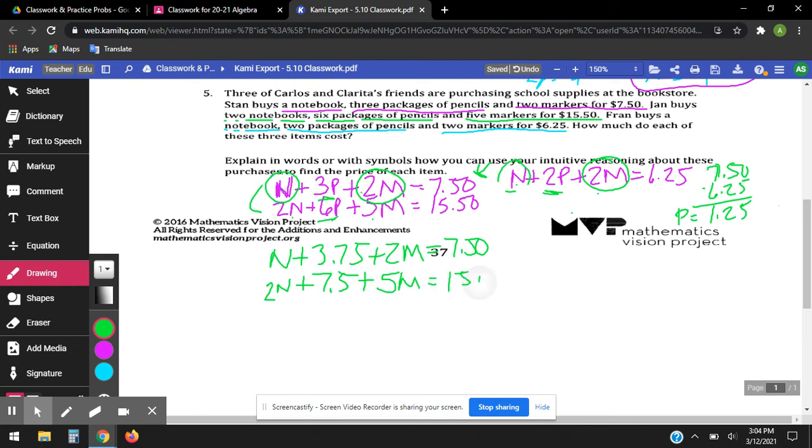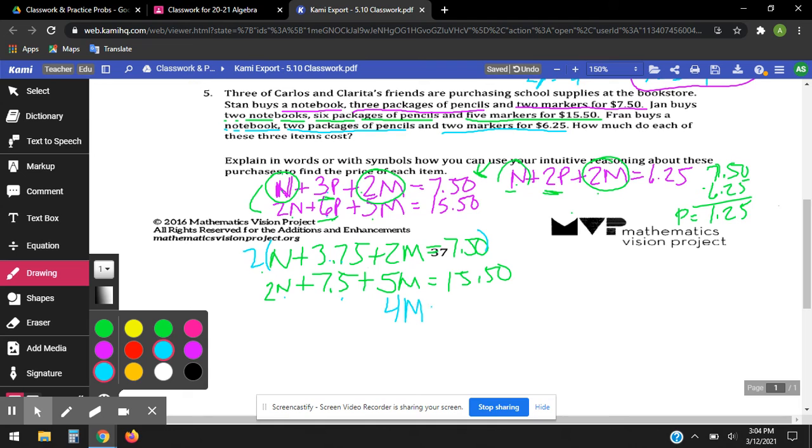5 markers equaled $15.50. Now, when I'm looking at this, I'm seeing that I can double this top one to eliminate my Ns. And by doubling this one, I'll actually eliminate my numbers too, because 3 to 6 is a times 2. So that'll just leave me with 4M equals 2 times 7.50 is 15.